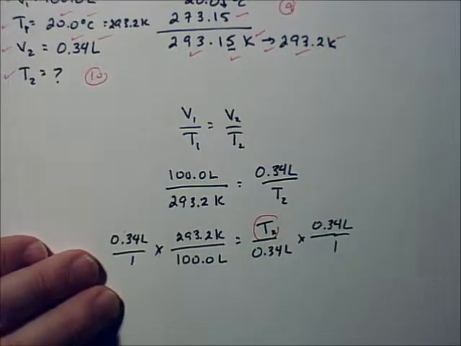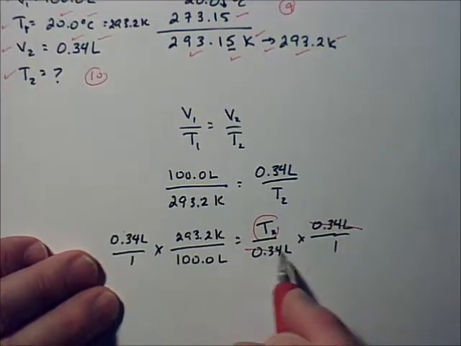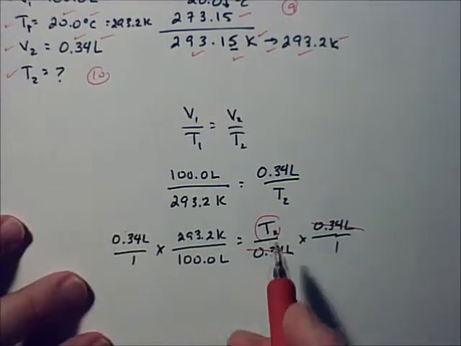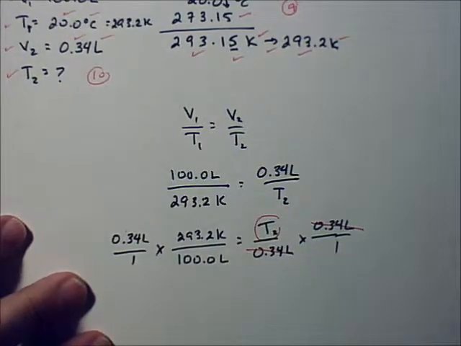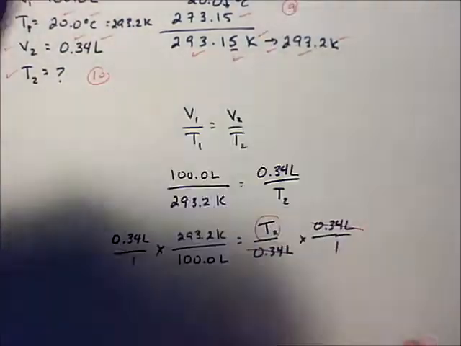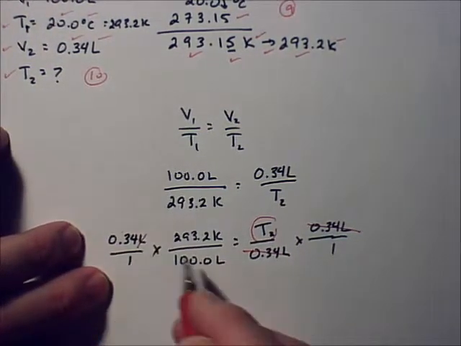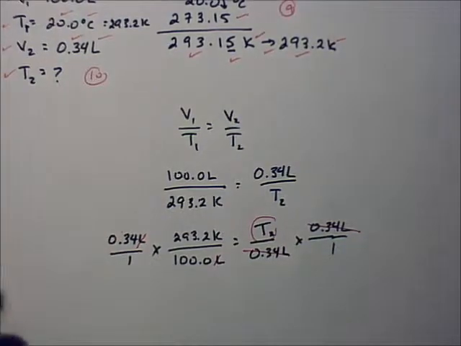Now I can simplify. All of this is exactly the same on the top and bottom, so they can cancel out. That gets this T2 by itself. Dividing by 1 doesn't make any difference. T2 is still by itself. Over on this side, we can cancel liters, and we're ready to do the math.